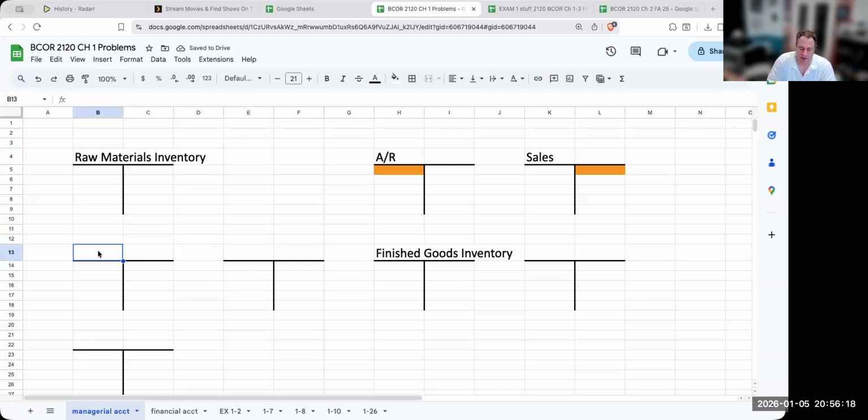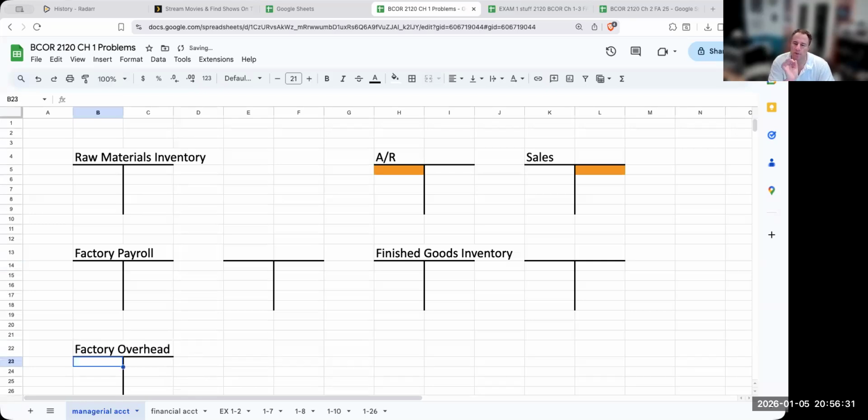It takes a little bit of factory payroll, or what we would call labor. And it's also going to take something called factory overhead. Now, factory is the big important part here, because when we are looking at managerial accounting, we want to be focused on what is going on in the factory. Clearly, that's not going to be in California, but maybe in one of our other 49 states.